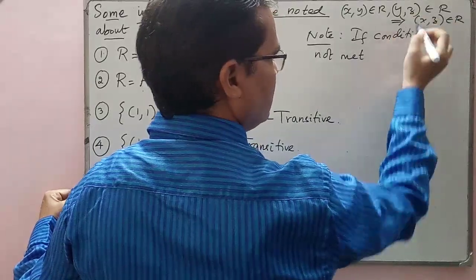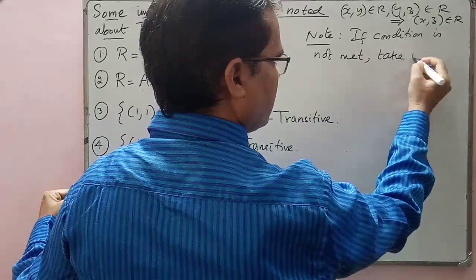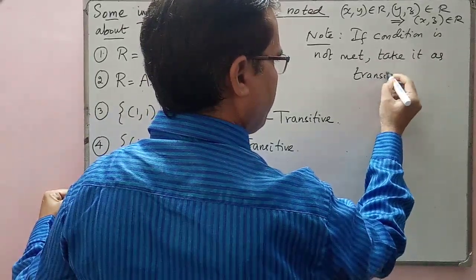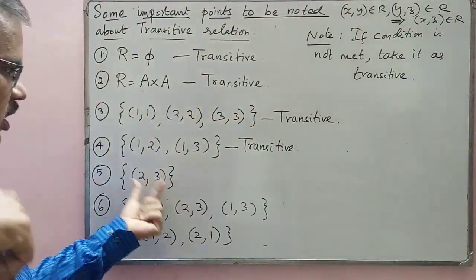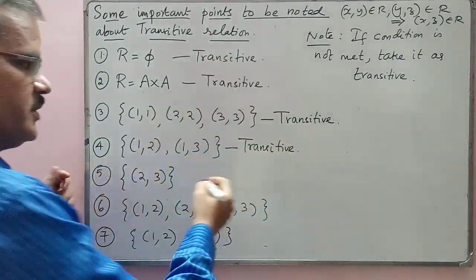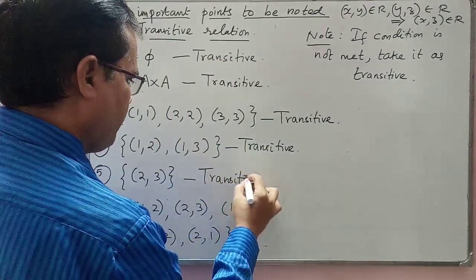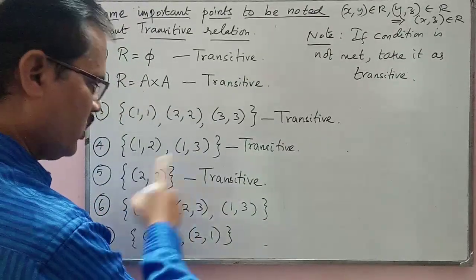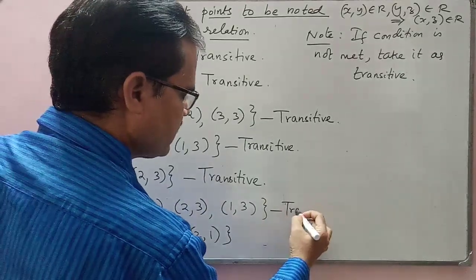When this condition is not met, take it as transitive. Okay, children. Now you see a single ordered pair 2, 3 is there, condition cannot be checked. So take it as transitive. Here 1, 2, 2, 3 is there, then 1, 3 is there. Obviously the condition is clearly met, so it is transitive.